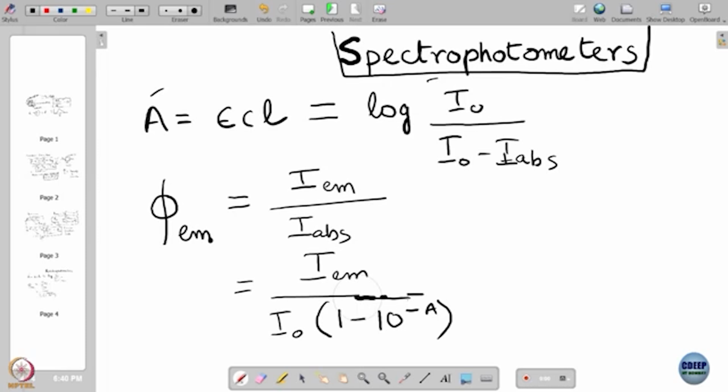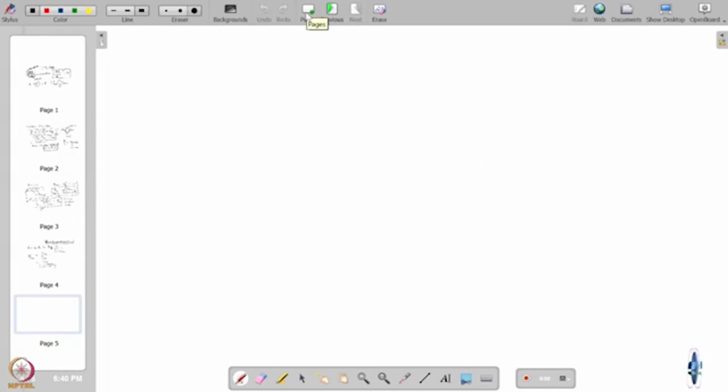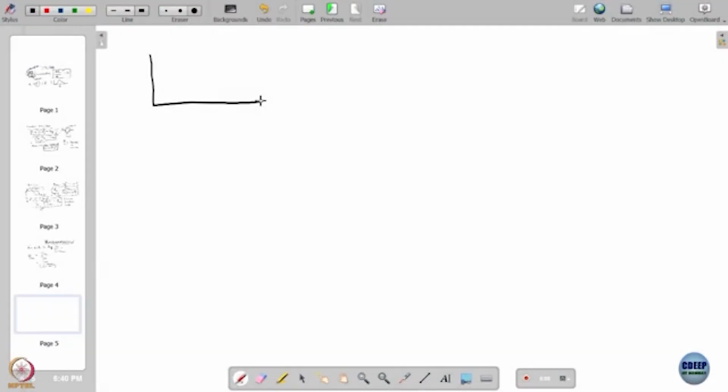Now, let us see what is there inside a typical spectrophotometer. What do we expect from a spectrophotometer? What is the output? As I said in one of the previous modules, the output is this plot, where x axis is energy or some measure of it, y axis is intensity or some measure of it. So, if you want an absorption spectrum, now we know that here we are going to write absorbance.